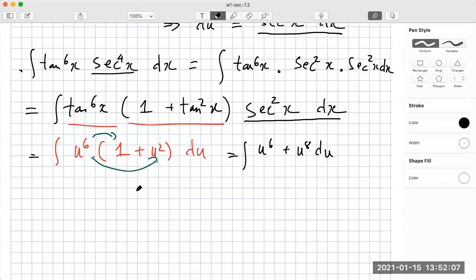Okay, now things are a lot easier. It will be the antiderivative of u to the 6, plus 1 over 9 u to the 9.